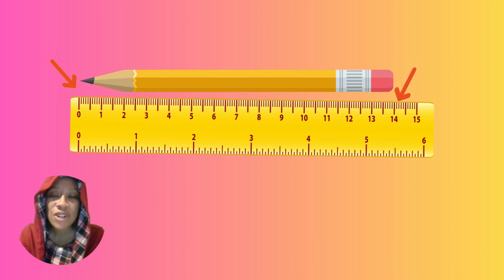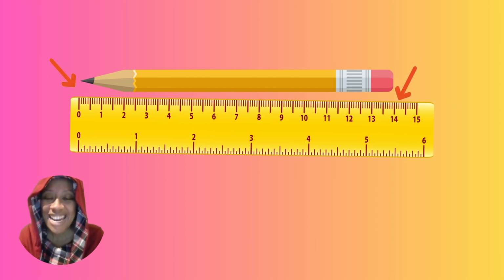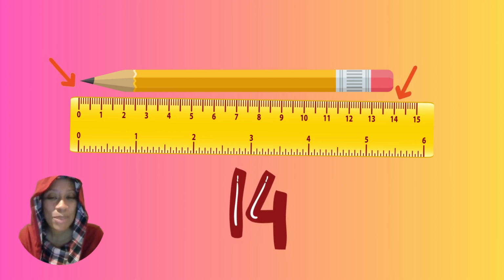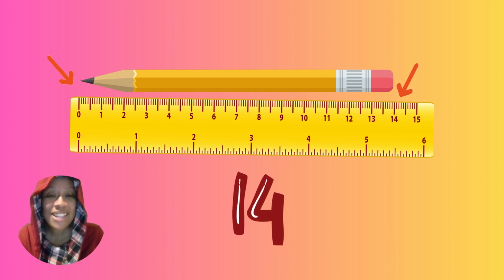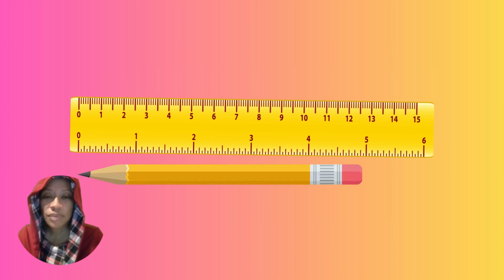And then the eraser, or the end of the pencil, ends at what number? That's right, at 14. And is that side millimeters or centimeters? That's right, so it's 14 millimeters.